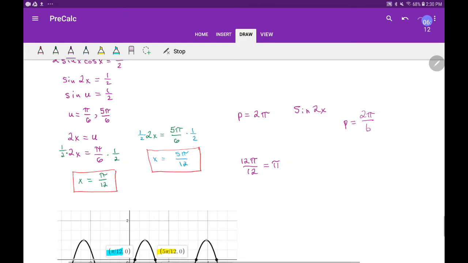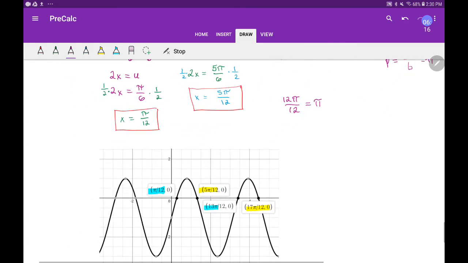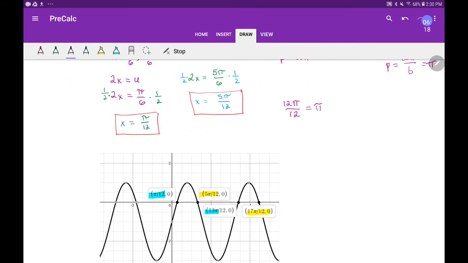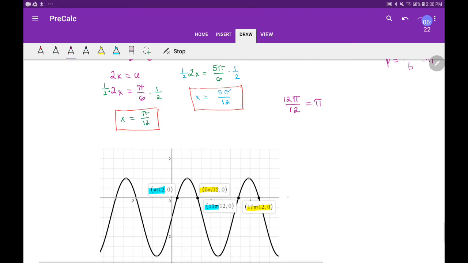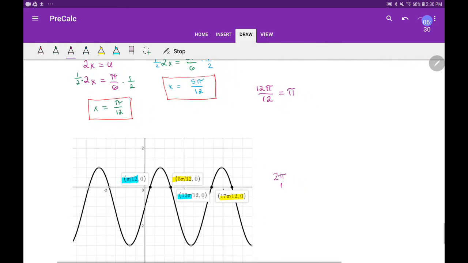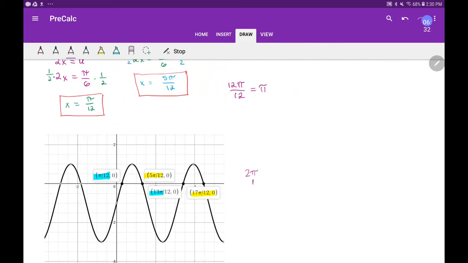So now my period is just pi. Things are happening twice as much, and they're separated by pi. It's hard to tell on this graph, but 2 pi is out here somewhere, and maybe a little bit further.